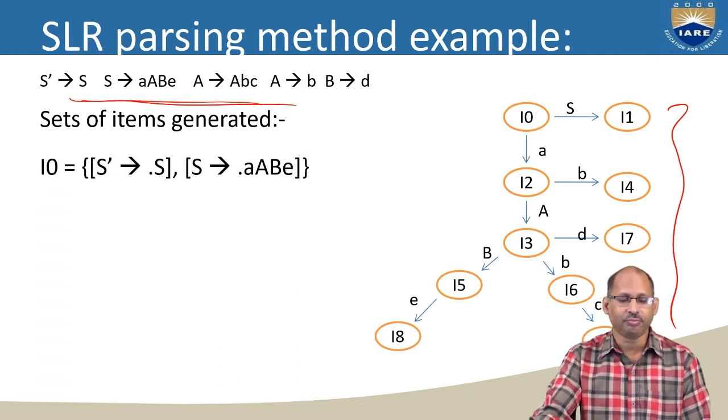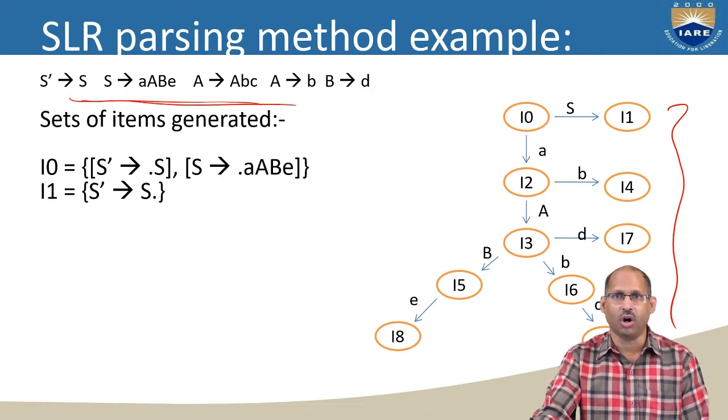Then this is I naught. It has two productions. This is I1, the set with dot at the end.